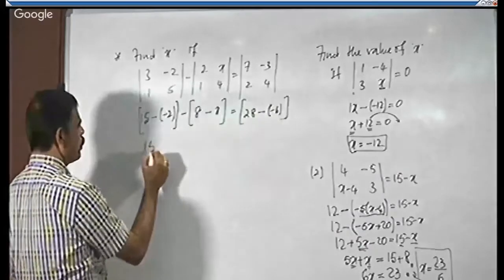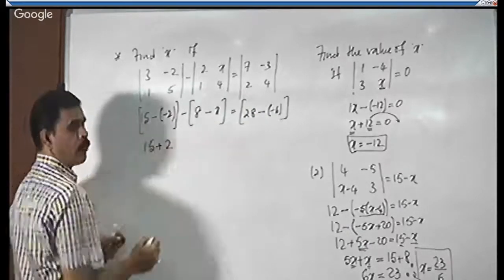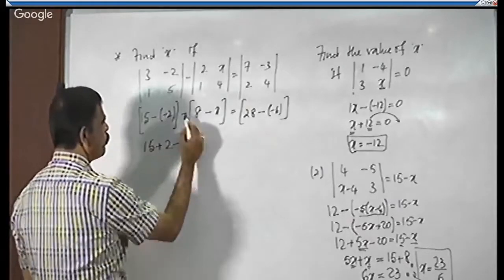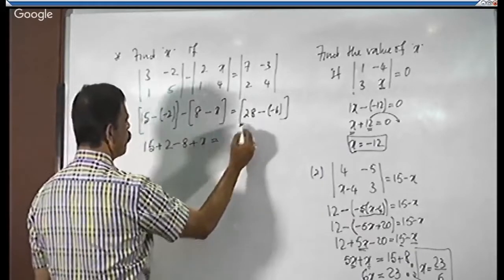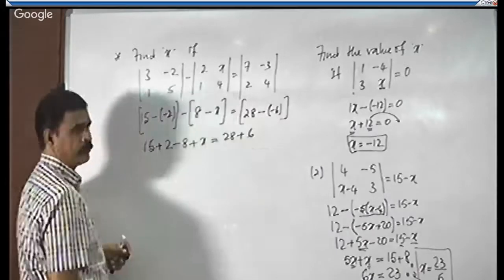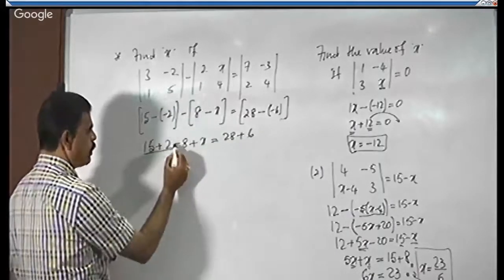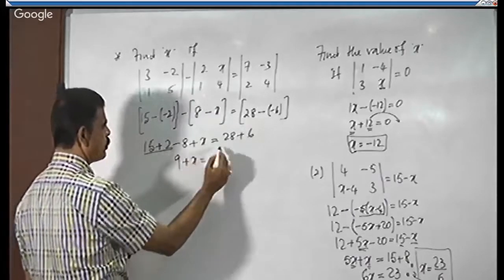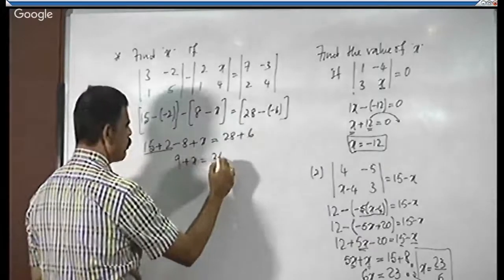So 15, minus into minus is plus 2. Just now open all the brackets. Minus of 8, minus into minus, plus x is equal to 28, minus into minus, plus 6. 15 plus 2, it is 17. 17 minus 8, it is 9, plus x is equal to 28 plus 6, it is equal to 34.